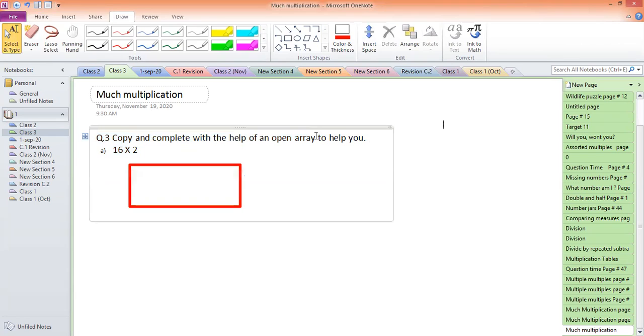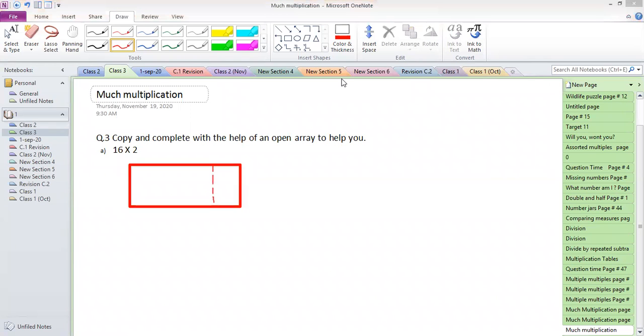Okay, I have drawn a rectangle, and I will make one dotted line here. This is the dotted line. You have to do it, guys, with me.